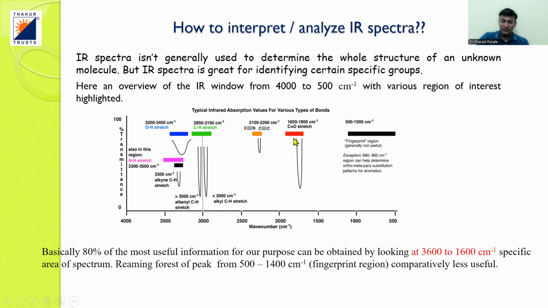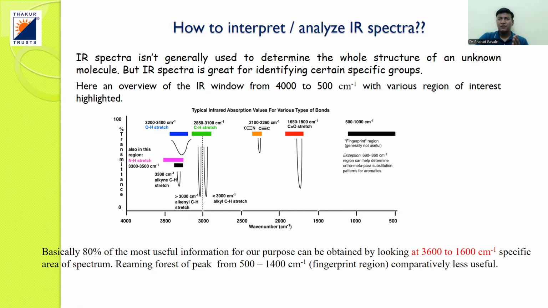This is one reason it will come, sir. Then the triple bond, carbon triple bond carbon or carbon triple bond nitrogen, comes around this region, around 2100. Then the stretching frequency of carbon single bond hydrogen, whether with aliphatic or aromatic, comes around 3000.